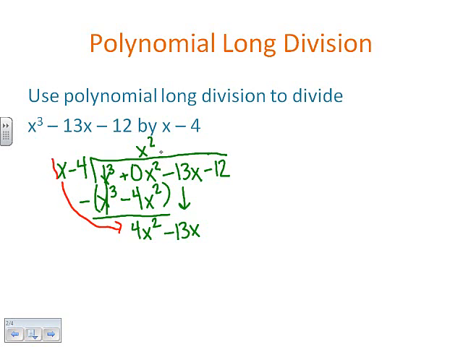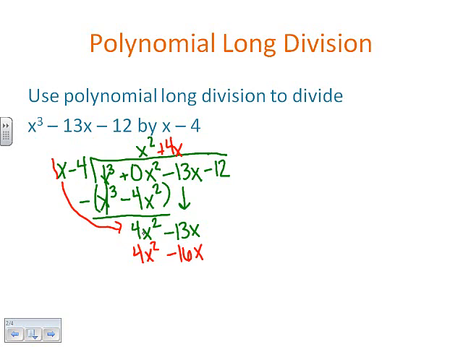So 1 goes into 4 plus 4 times, and x goes into x squared x times. So that 4x times 1x makes 4x squared. Then 4x times negative 4 makes negative 16x.